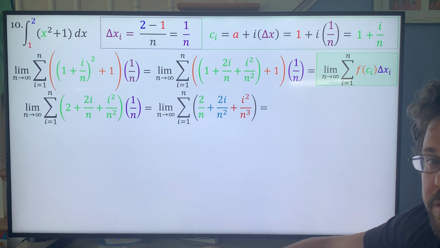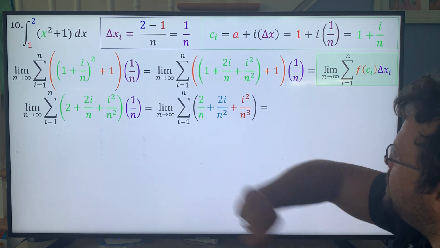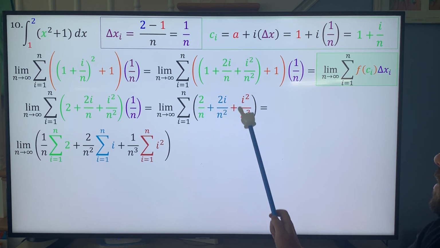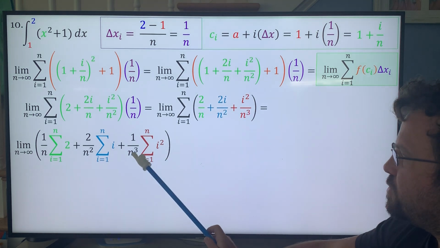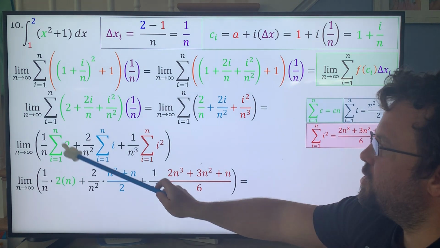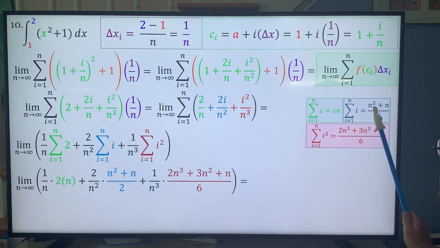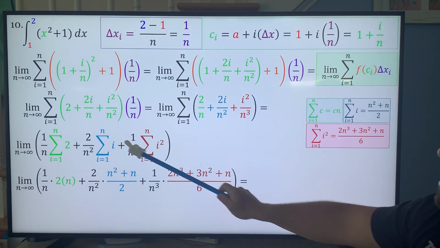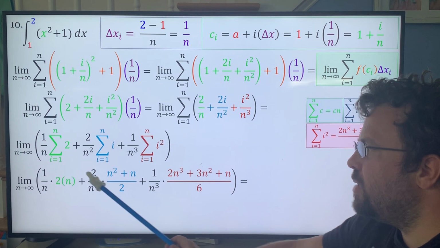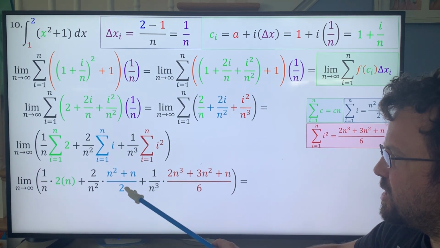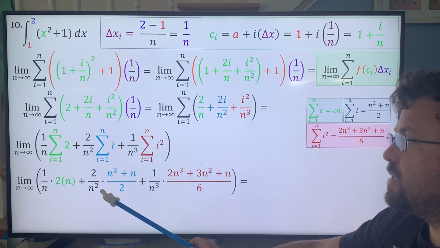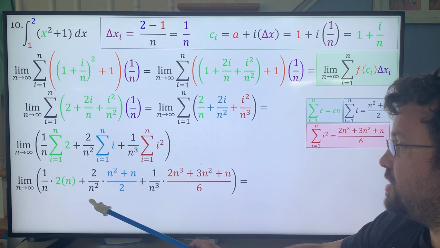All right, you still doing good? Pull out your stuff. So I pull out a 1 over n, 2 over n squared, 1 over n cubed. Use my formulas. 2 times n, i squared once again becomes this. i becomes that. i squared becomes this. Do you have to distribute it to all, even though I know this is going to become a 0? No, I usually just circle the biggest terms and use them. All right, I kind of cheat.